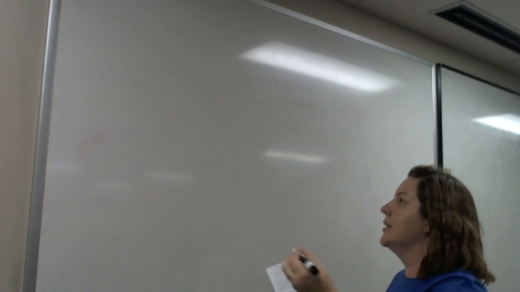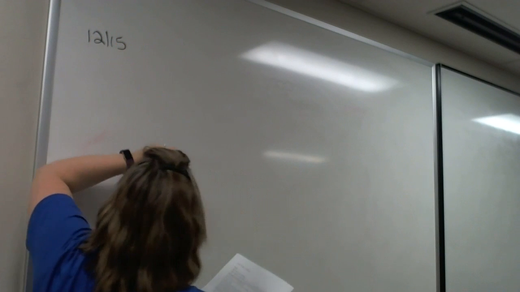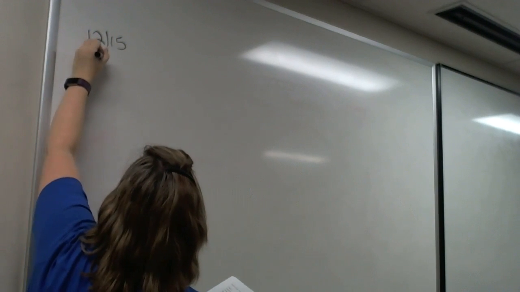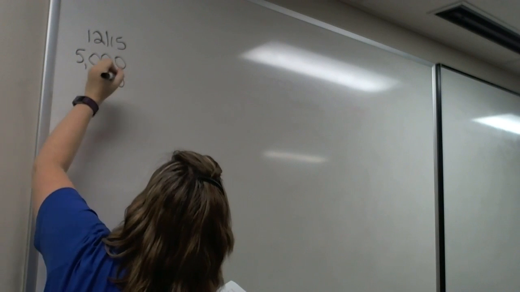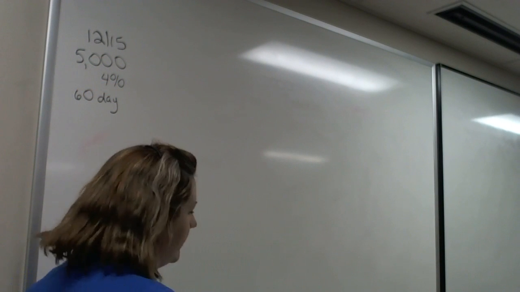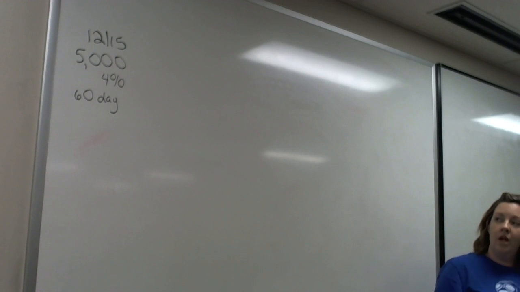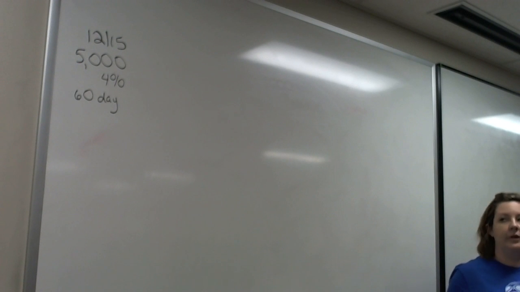So if we take out a note, let's say we do it on December 15th, someone issues us a note for $5,000, 4% interest, and it's a 60-day note. Okay, so it's $5,000, 4%, 60-day note. When that note is issued to us, say we borrowed money, we'll just assume we're borrowing money.